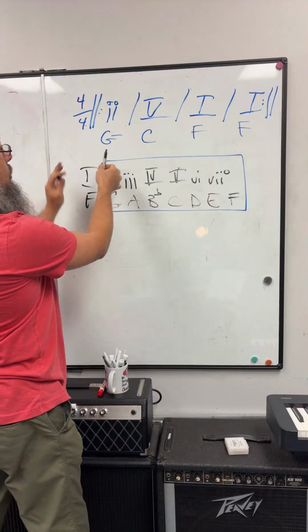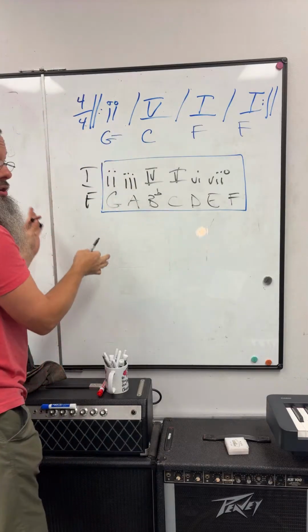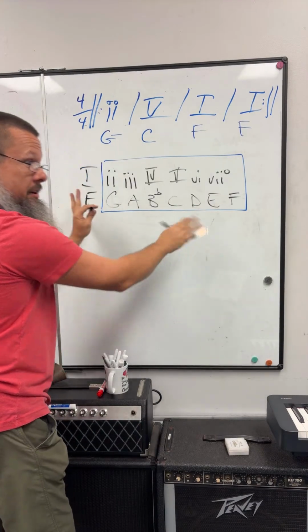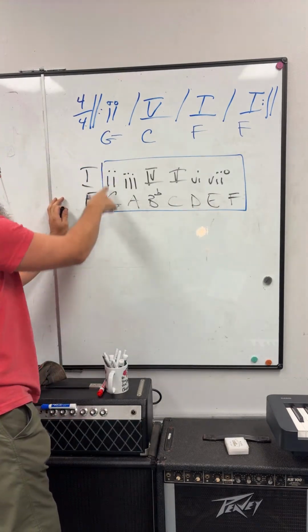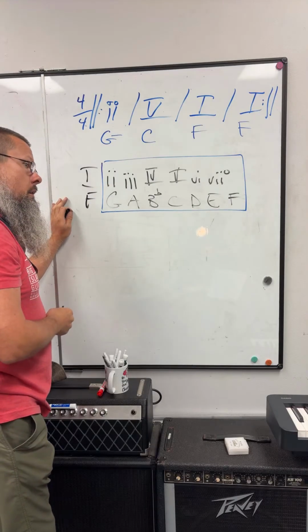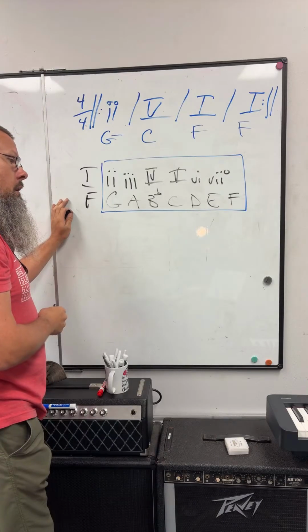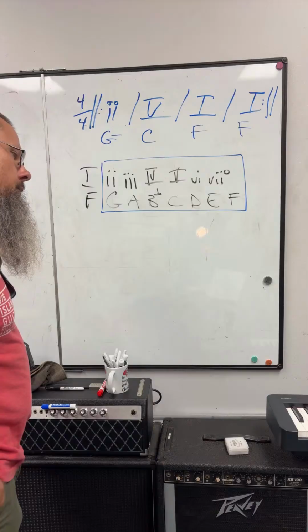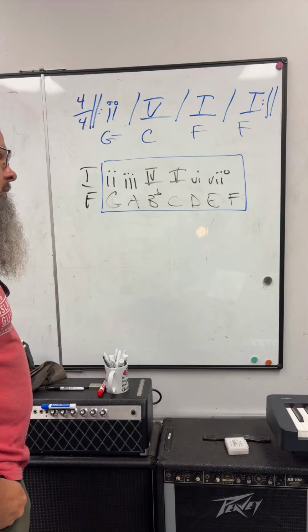So this is an F major progression using the chords in the key of either F major or D minor, the relative minor. But the secondary chord you're playing is a G minor. So this is G minor. Here's G Dorian.